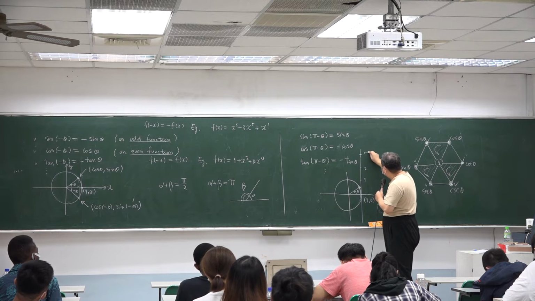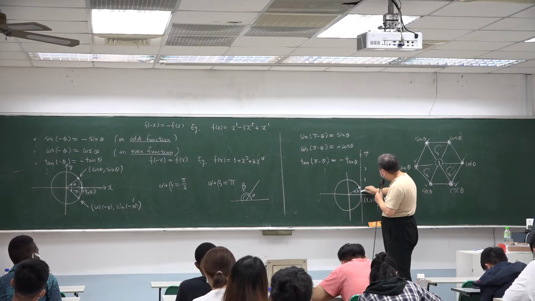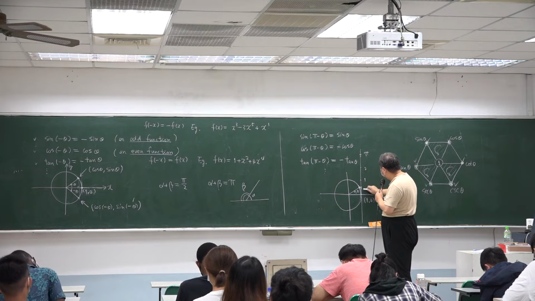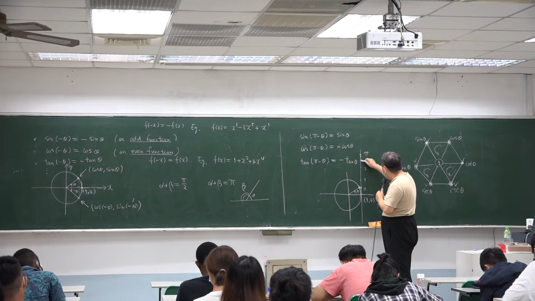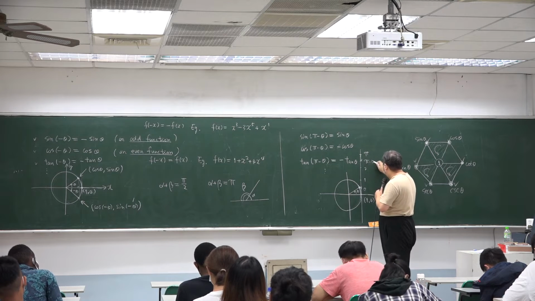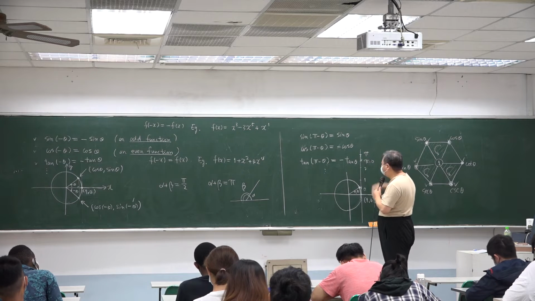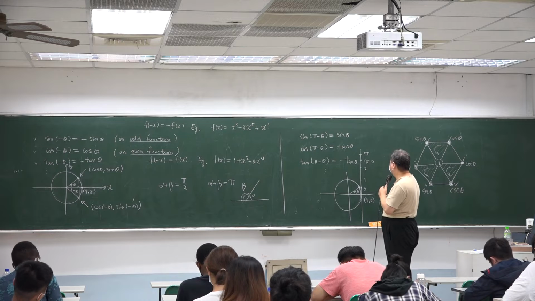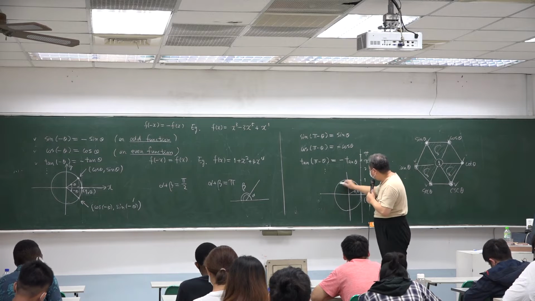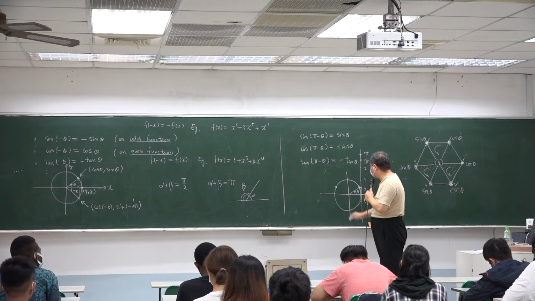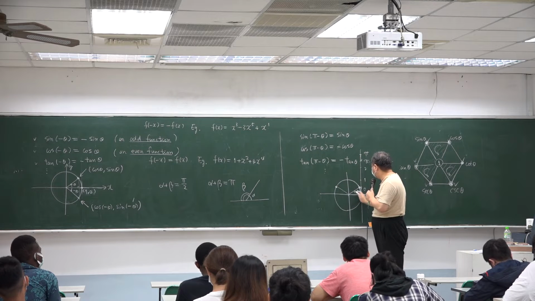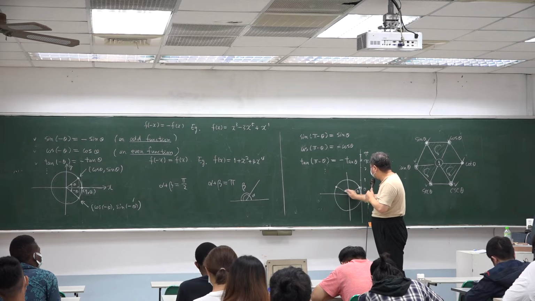This is pi. Then pi minus theta means back to here. If theta is positive, move above, negative is below. So pi minus theta will be here.